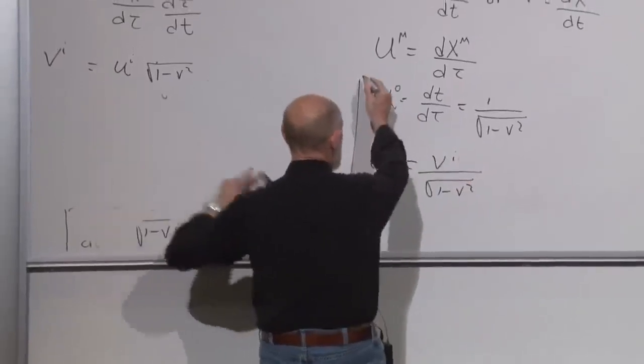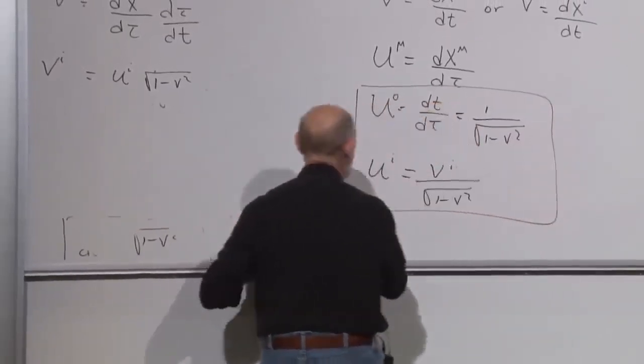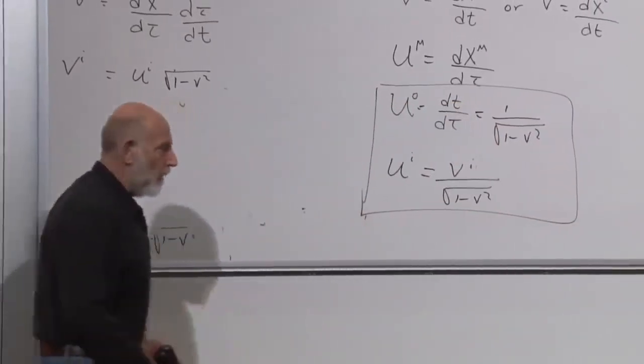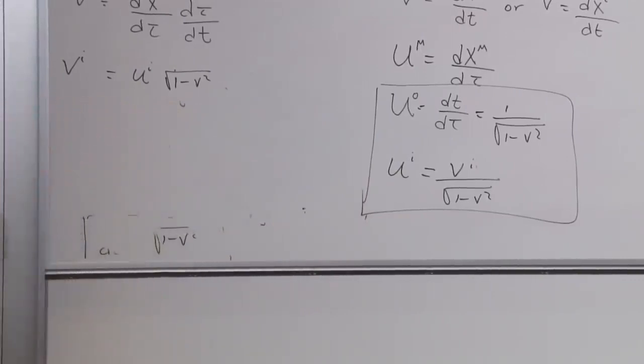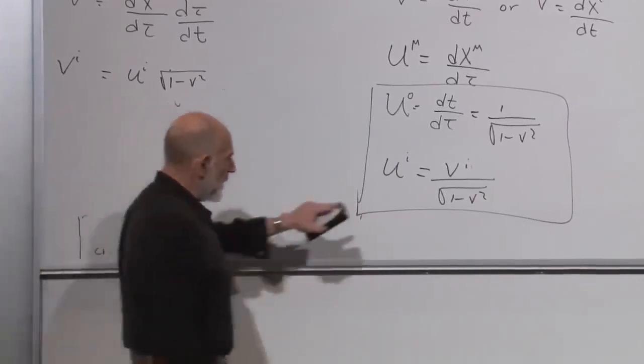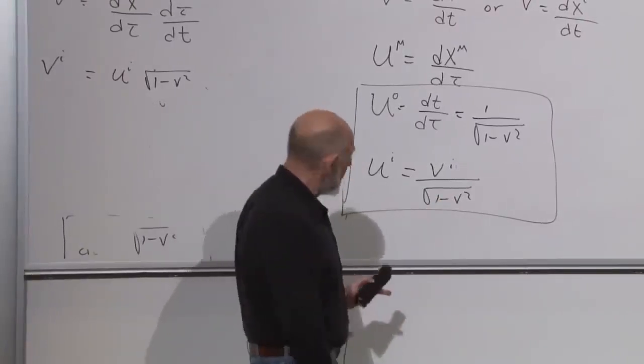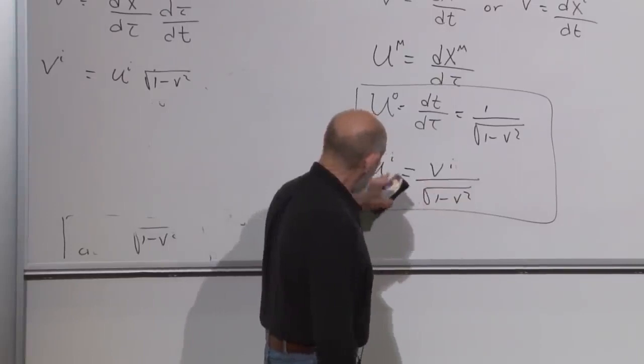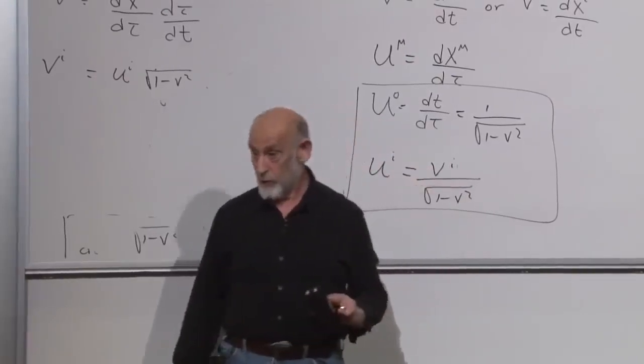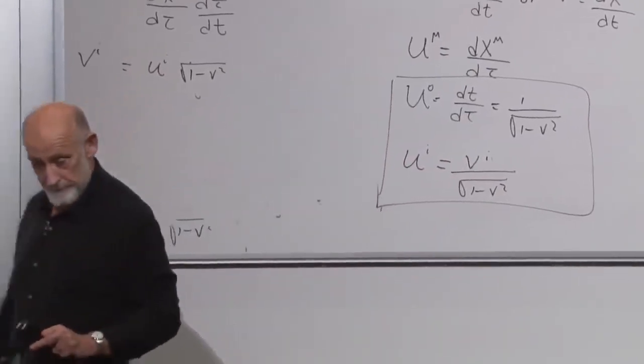This is the basic computation you would do to find the components of 4 velocity.